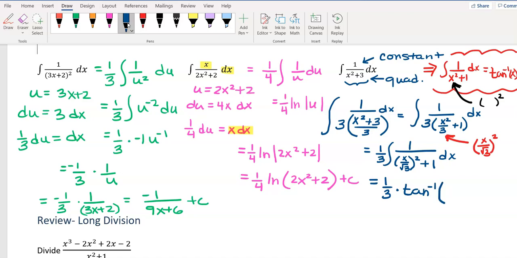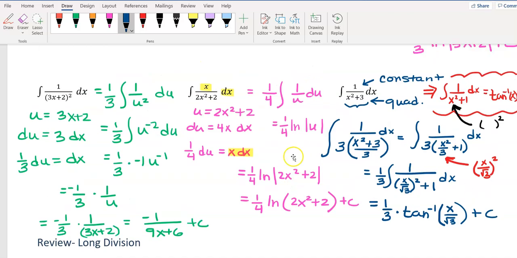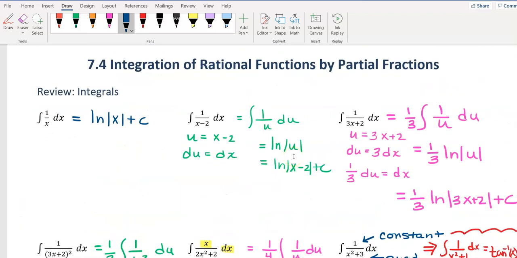And then instead of being in terms of x, it's going to be in terms of x over root 3. So we're going to put that x over root 3 in there. And then we don't want to forget our plus c. So that's our answer to the bottom 3 for the review of integrals.